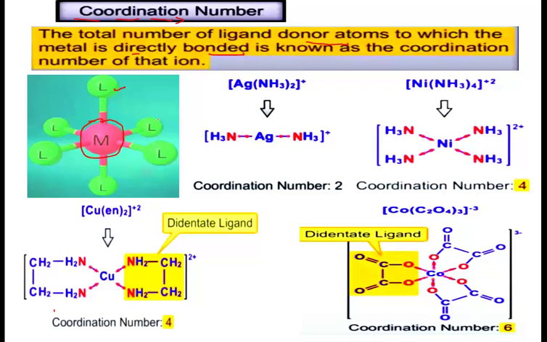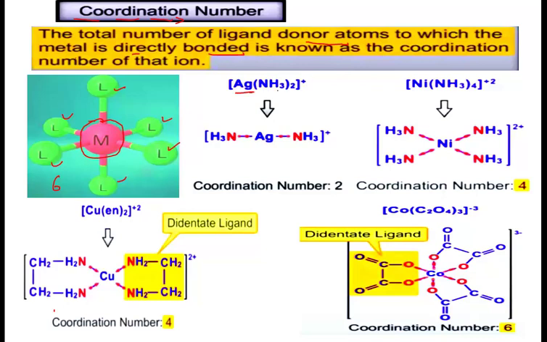How many ligands are directly bonded to this central metal atom? That will give us the coordination number. In this case 6 ligands are attached, so its coordination number will be 6. Clear? So the number of atoms or ligands directly attached to the central metal atom gives us the coordination number.